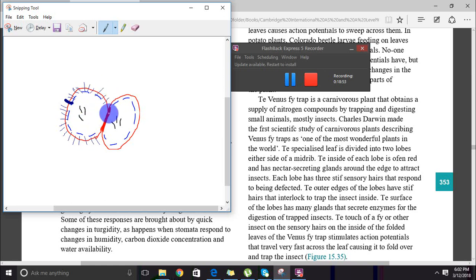And the same way on the other side of the lobe, and on the surface of the lobe, as in over here.